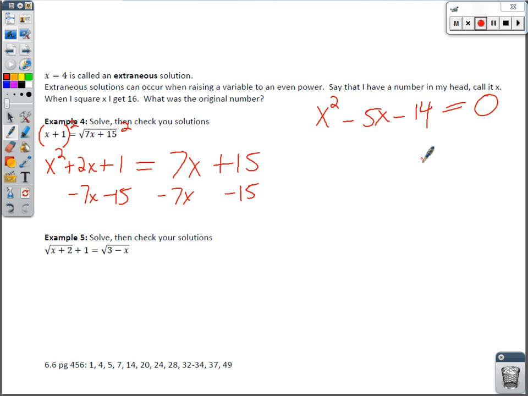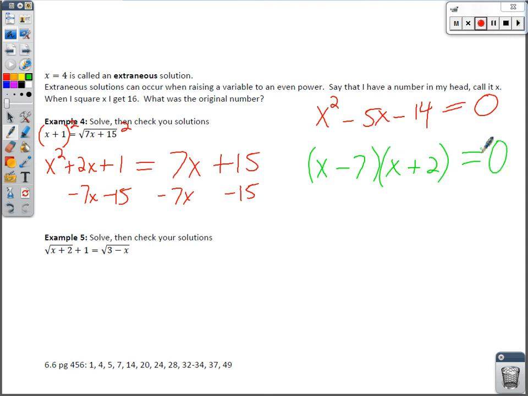However, this one's factorable, so I'm going to factor it because that's a bit faster. We're looking for two numbers that will multiply to be negative 14 and add to be negative 5. So those two numbers are, let's see, negative 7 and 2. That'll do it. So negative 7 times 2 is negative 14. Negative 7 plus 2 is negative 5.